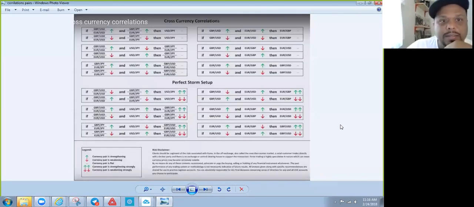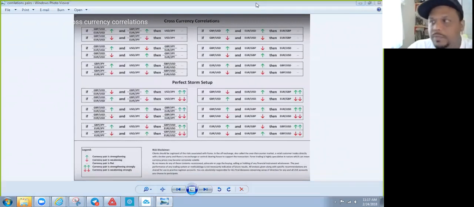Can everybody see this? Thumbs up. Cool. So this is how this works. These are called flat pairs. This is what happens when these pairs do a certain thing.